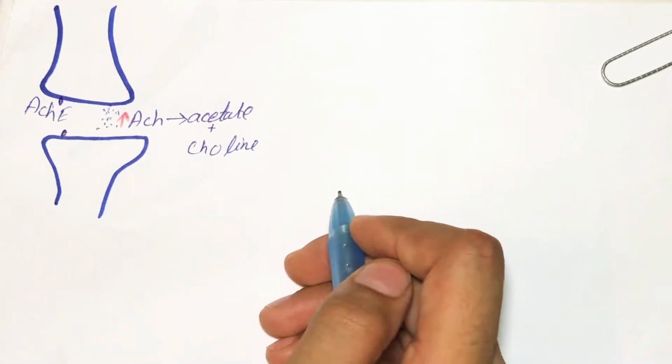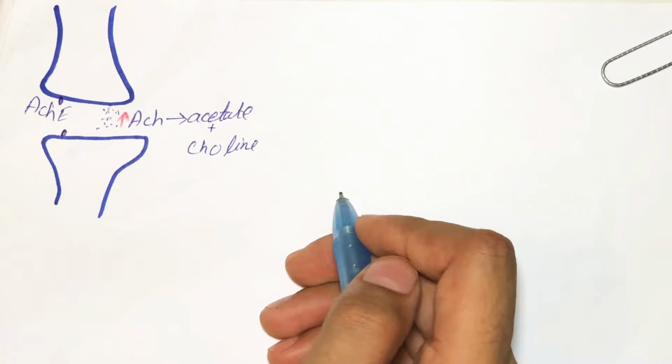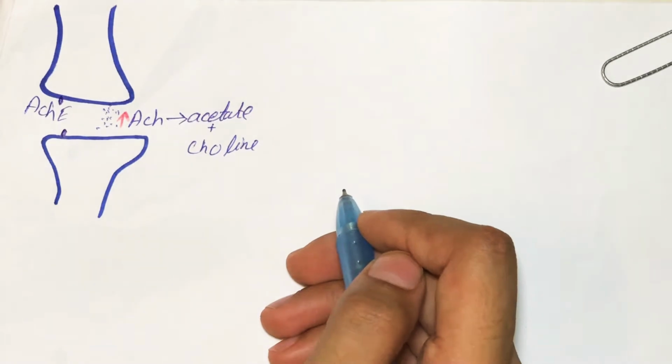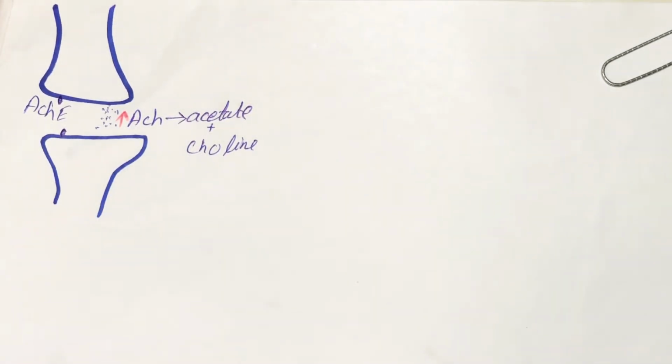They can cause cholinergic responses at the site of muscarinic and nicotinic receptors of the ANS, as well as at the neuromuscular junction and in the brain. And these agents, acetylcholine esterase inhibitors, are broadly classified as short acting and intermediate acting agents. So we will be discussing them one by one.